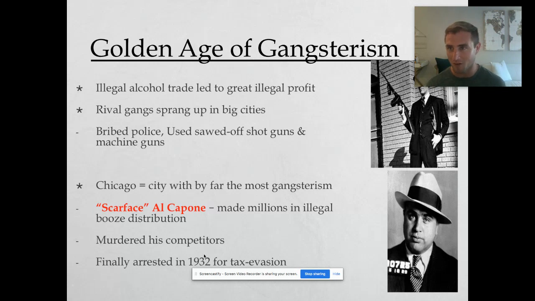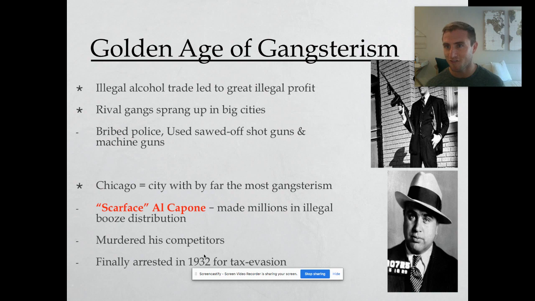Some of them involved bribing the police, using automatic weapons or sawed-off shotguns in the streets. I mean, this was the golden age of gangsterism, absolutely, and Chicago was the center of it. Chicago was the place where most of the shootings and murders of gangster-related crime occurred.